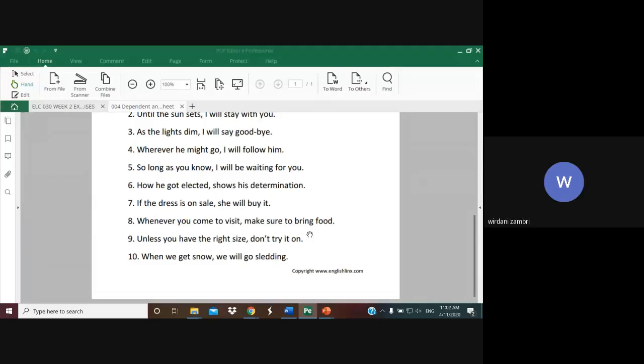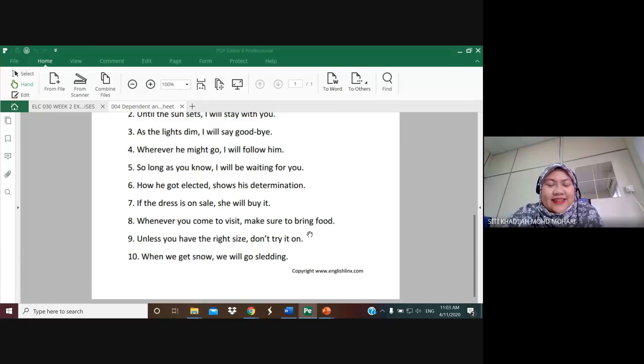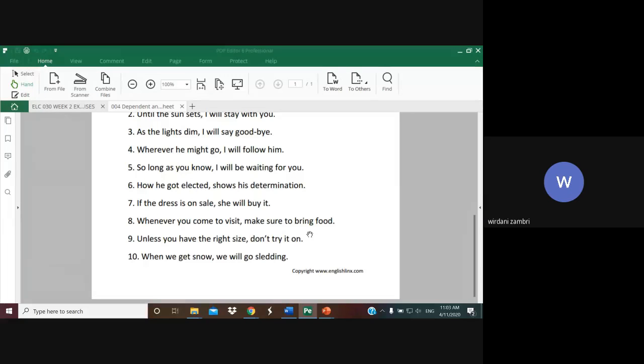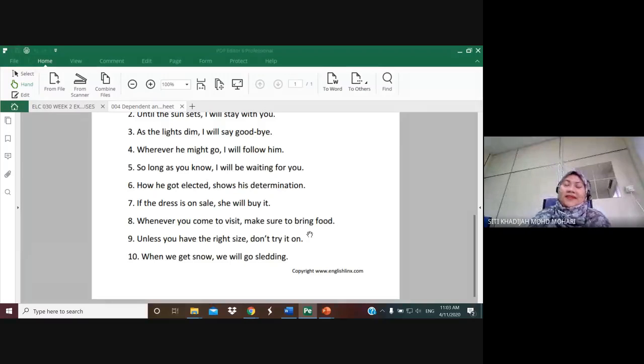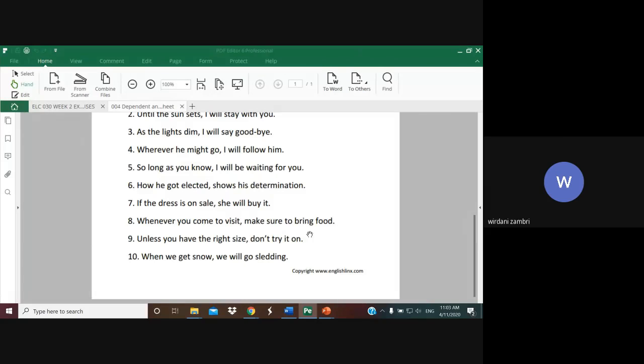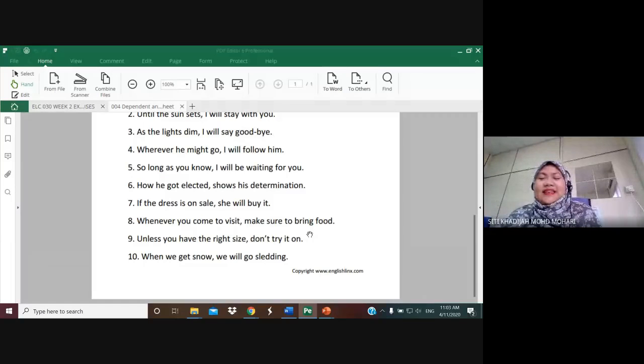Number 9, unless you have the right size, dependent, don't try it on, independent. Very good. Excellent. Then when we get to know, dependent, we will go sledding, independent. Sledding is independent. Very good. Excellent. Thank you.